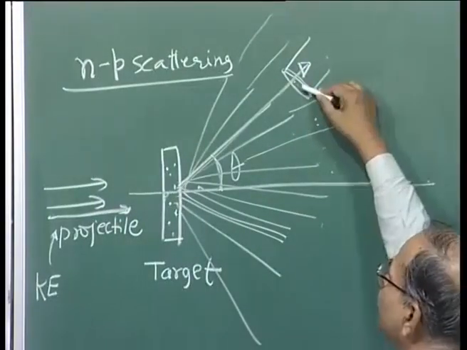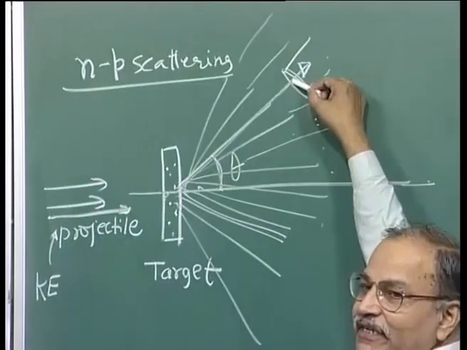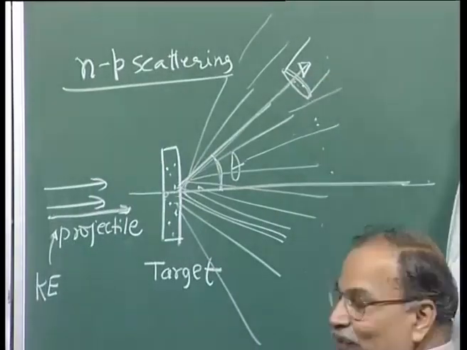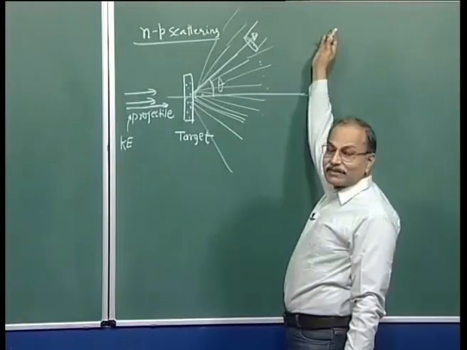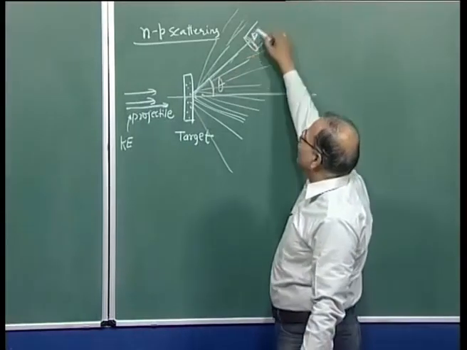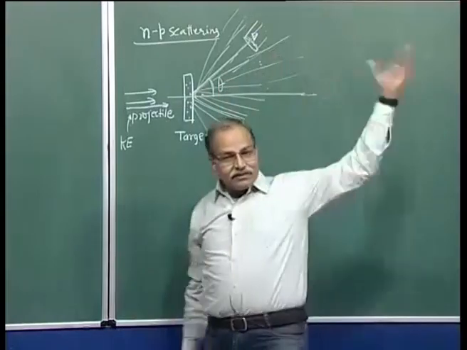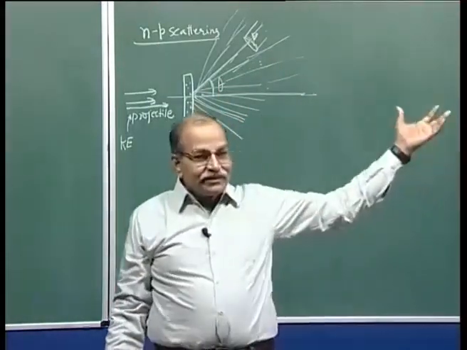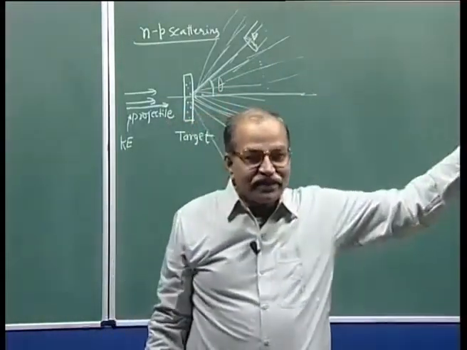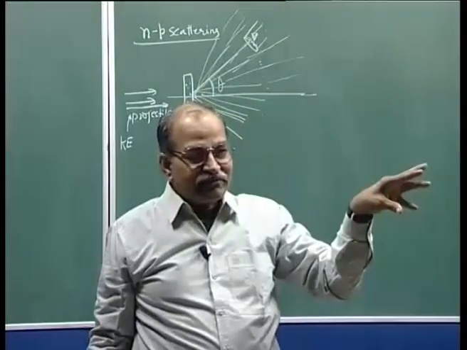In the first experiment you put the detector here, in the second experiment you put the detector at double the distance. So, if these lines are diverging like this and you put the detector at double the distance, fewer particles will enter the area of the detector.